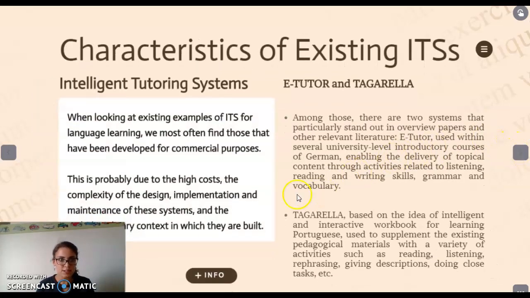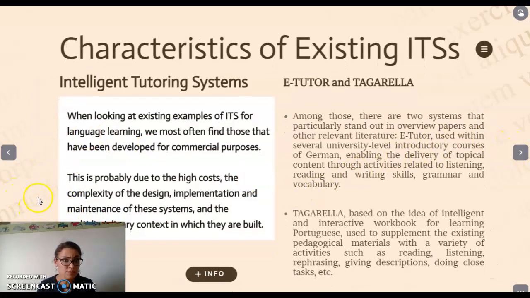I think yes. And there are two examples. Maybe I have to stop here. There is a tutor and Tagarella, and I will stop here.